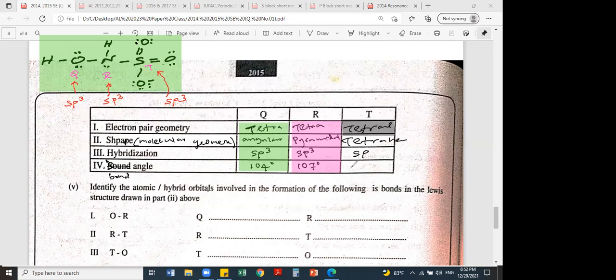And the bond angle for tetrahedral is around 109.5, but if you write 109, that's accepted. Between 108 and 110, they have accepted. Now tell me, out of 4 into 3, 12 blanks, how many blanks are correct?